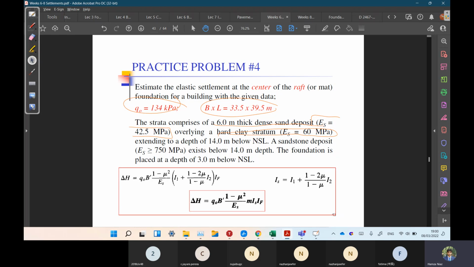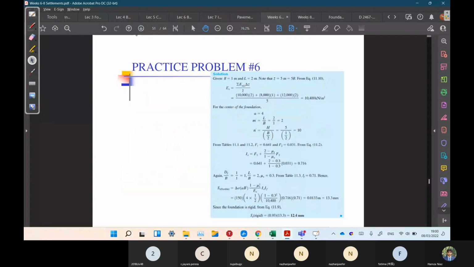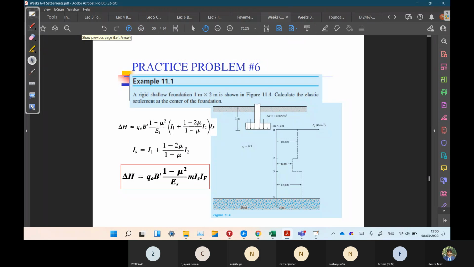Again, this question is the same: either we can take the average of these two clay layers and simply multiply, or otherwise we can do both separately and then at the end superimpose them.